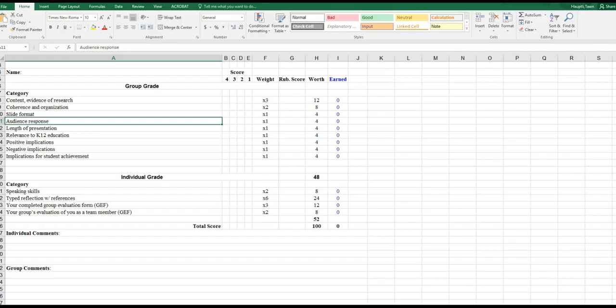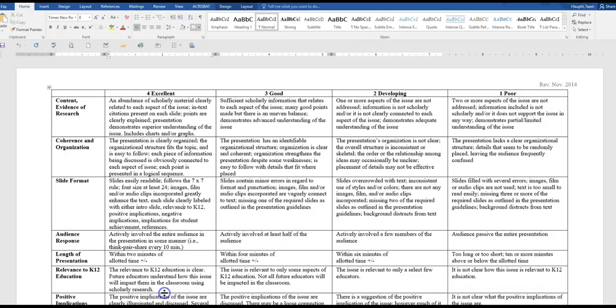And that is the instructor evaluation form. Now, this is available to you in your Google Drive folder. While you are doing your presentation, this is what I'm going to be working with and typing on, using this in conjunction with your presentation rubric.